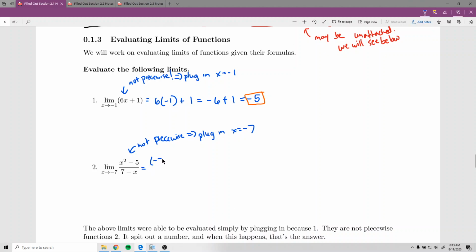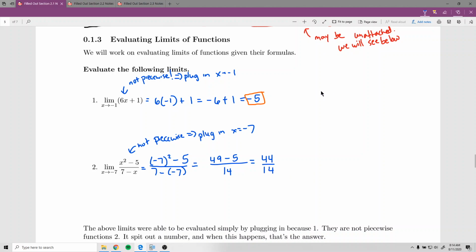All right, so make sure you are careful with how you plug it in. We got -7 squared minus 5 over 7 minus -7. Okay, so -7 squared is 49 minus 5. And the double minus gives us a plus on the bottom. 7 plus 7 is 14. 49 minus 5 is 44.